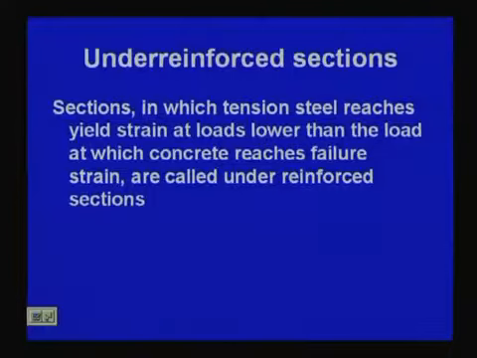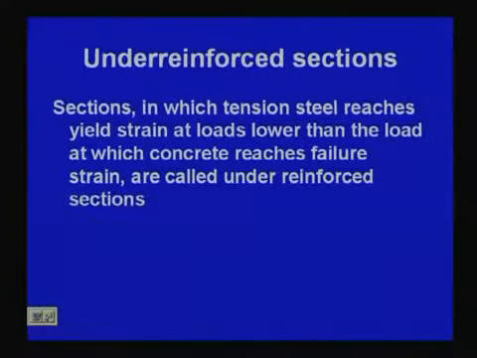Similarly, we have under reinforced sections, which we always prefer. Sections in which tension steel reaches yield strain at loads lower than the load at which concrete reaches failure strain are called under reinforced sections.